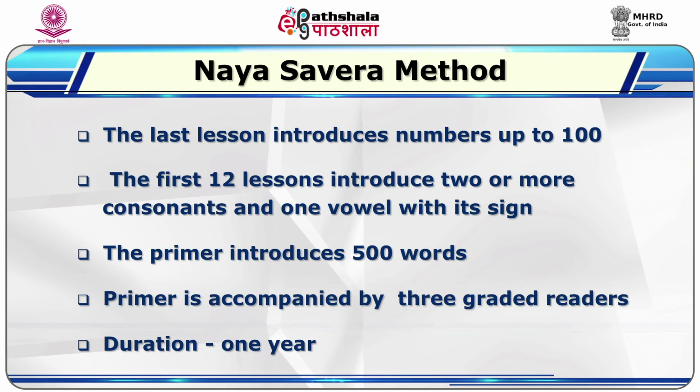Almost all important grammatical words appear in this primer. Apart from the primer, there are 3 graded readers which substantiate the knowledge obtained from the primer. This teaching material takes the participants to their goal of functional literacy. Its prescribed duration is 1 year.